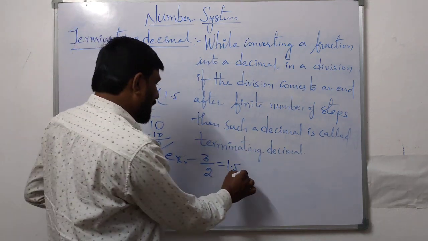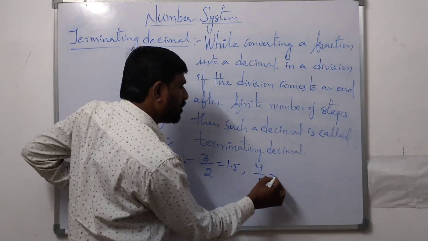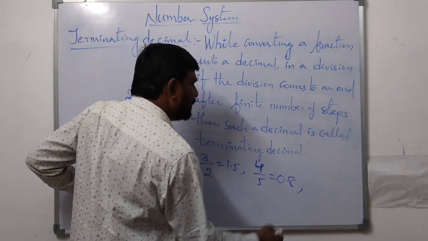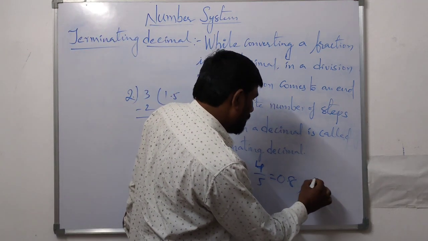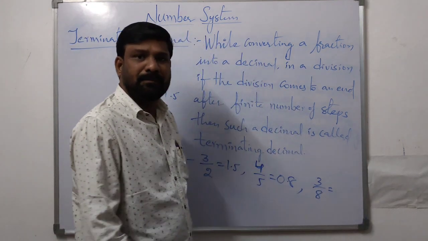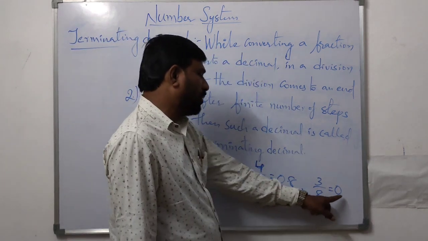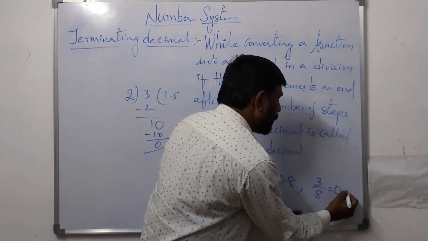Right? Similarly, suppose you take 4 by 5. If you divide 4 with 5, you will get 0.8. 5 ones are 5, 40, right? Now suppose you take 3 by 8, what will you get? Let us see. 0. 3 will not go, so you have to put the point here. So it becomes 30. 8 3s are 24.